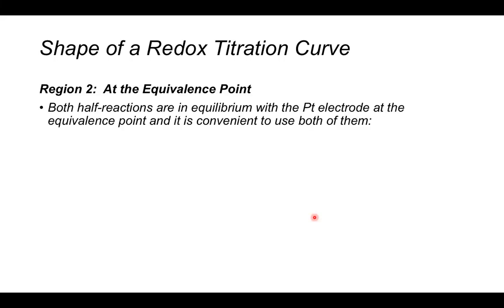At the equivalence point, both half reactions are in equilibrium with the platinum electrode, and it is convenient to use both of them. So the positive potential is equal to 0.767 minus 0.05916 times the log of the reaction quotient for the reduction.